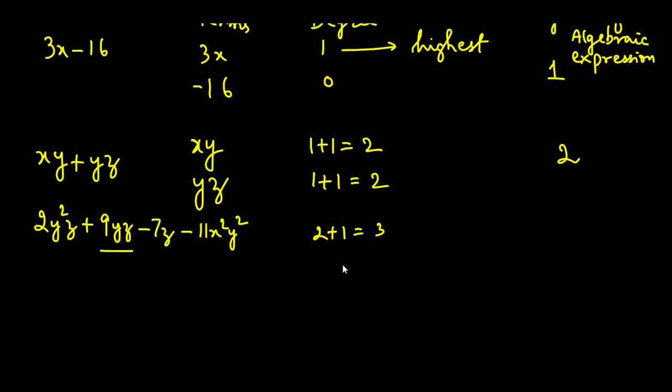The degree of the second term is 1 plus 1, 2. The degree of minus 7z is 1. The degree of the last term, 2 plus 2, is 4. So we have degrees of the terms as 3, 2, 1, 4. 4 is the highest degree among the degrees of the terms. So the degree of the algebraic expression is 4.